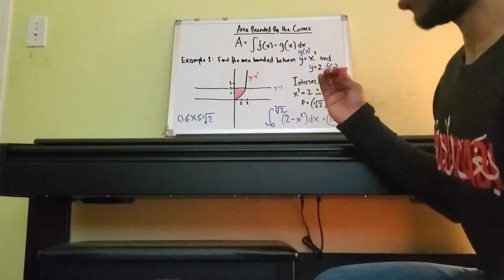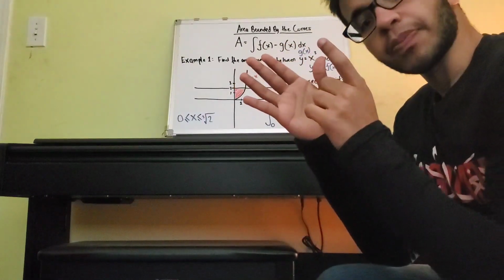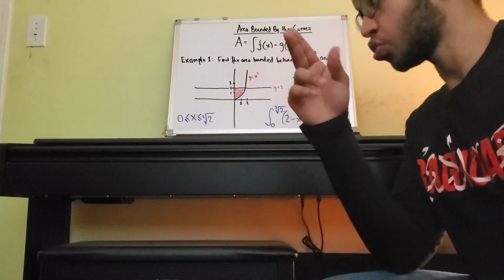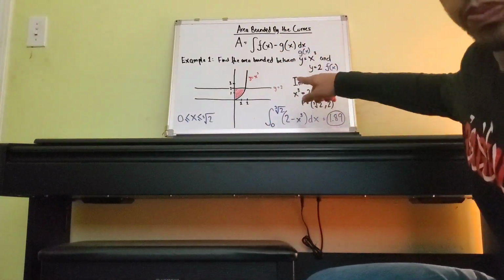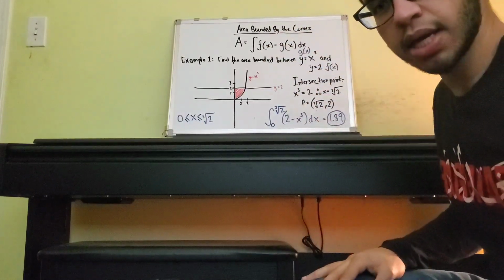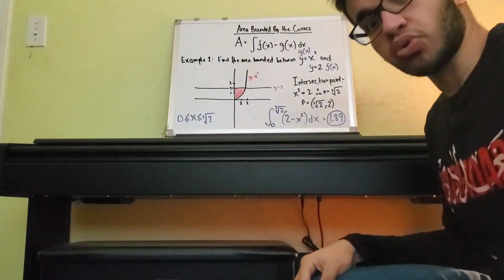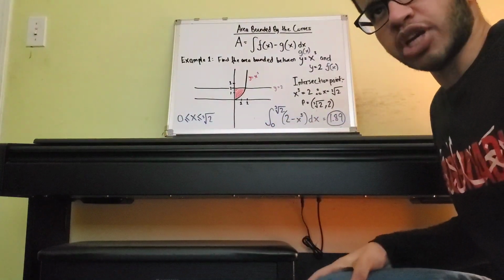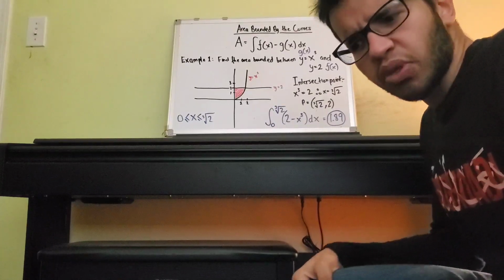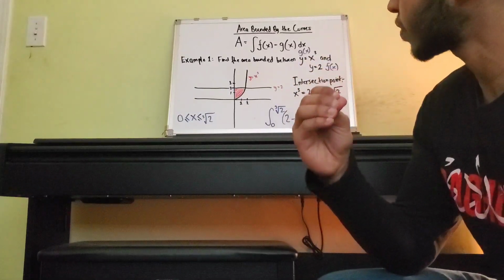So the intersection point, the way you find it, you put those two curves together. You get x cubed equals 2, and obviously you cube root both sides. x is the cube root of 2. Now the intersection points are the points where those two curves share the same x values.